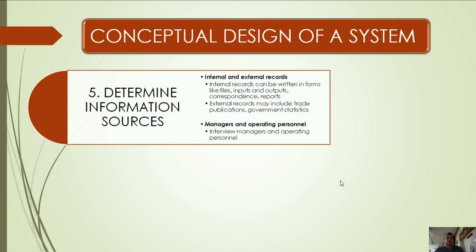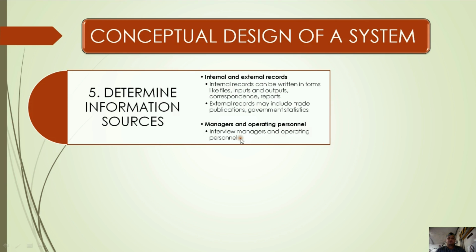Next, number 5 is to determine information sources, the internal and external records. Internal records can be in forms like files, inputs and outputs, correspondence and reports, while external records are from publications and government statistics.